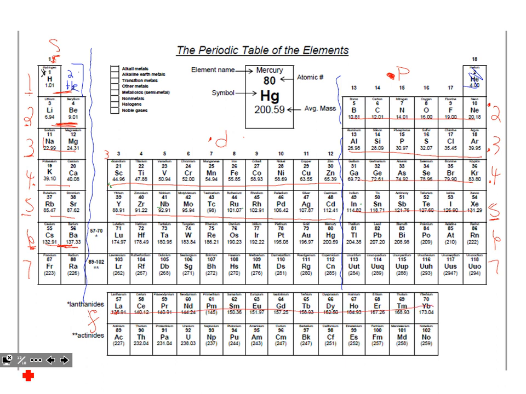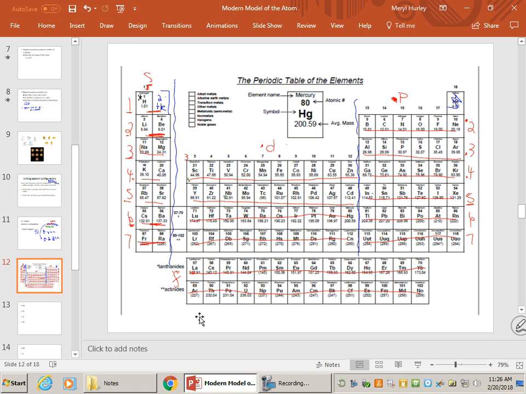After number 70 comes 71, 5d10, and then 6p6, and then 7s2, down to the F, so 5f14, 6d10, 7p6. So I'm going to go through this just a little bit faster in a minute, and then we are going to write an electron configuration, a couple of them from your notes together.